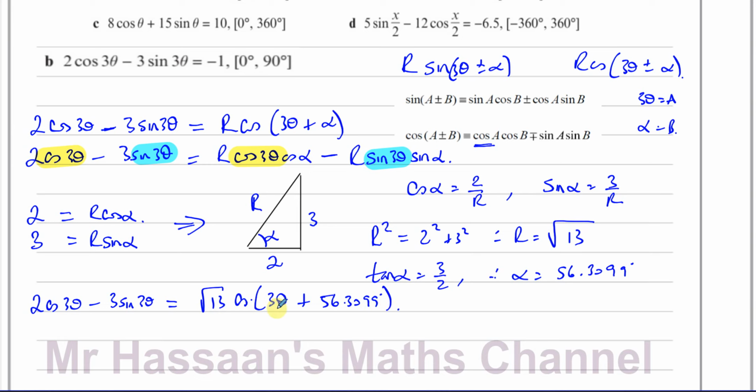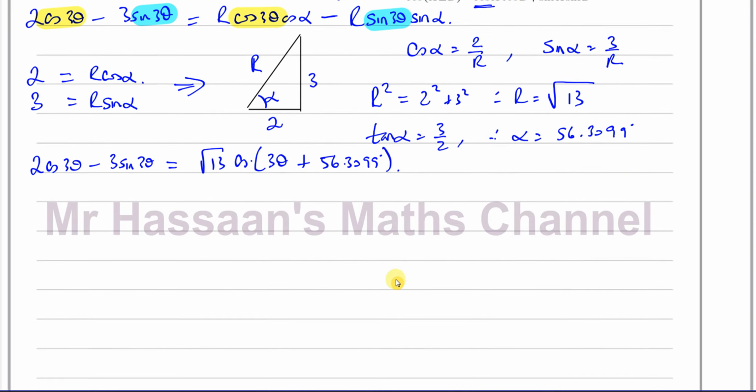Okay, so now we can go on to solve our actual equation. We have to equate this to -1. So we can say, therefore, the square root of 13 cosine of the compound angle 3 theta plus 56.3099 is equal to -1.